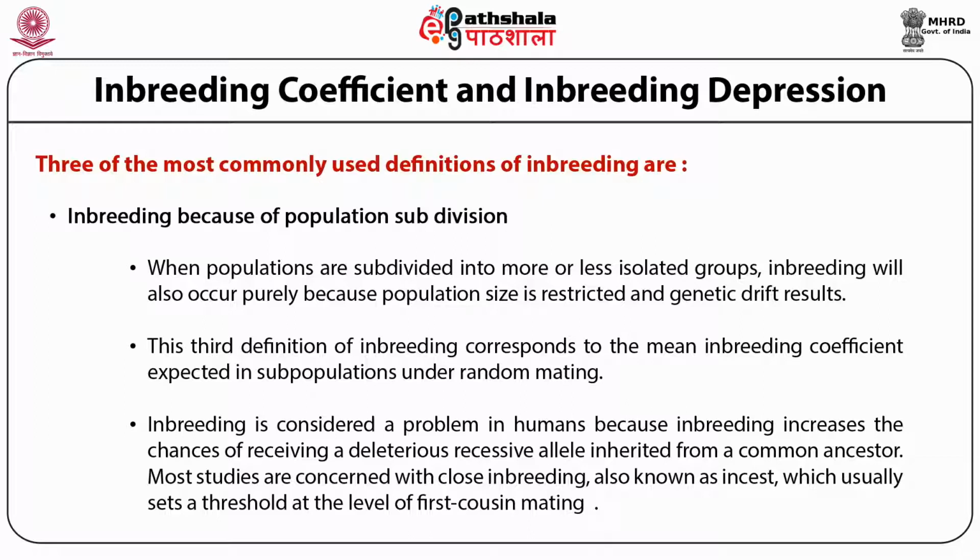Most studies are concerned with close inbreeding, also known as incest, which usually sets a threshold at the level of first cousin mating.